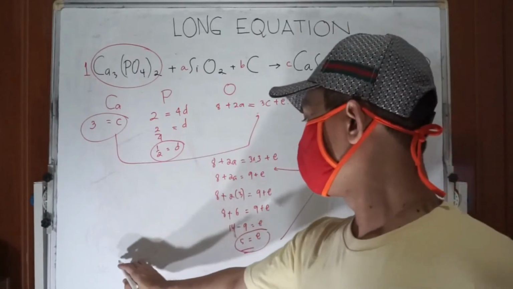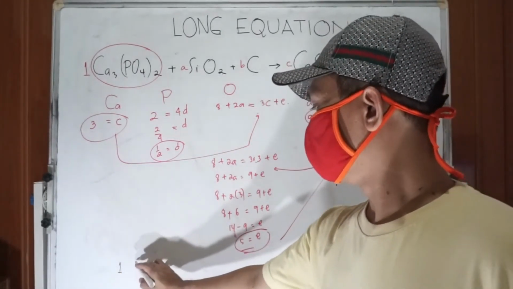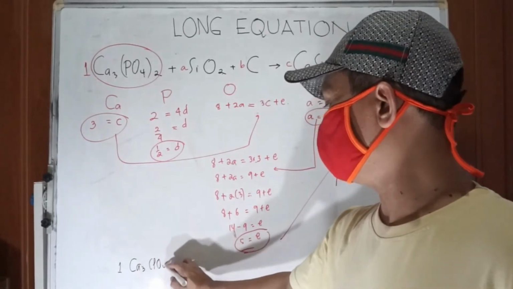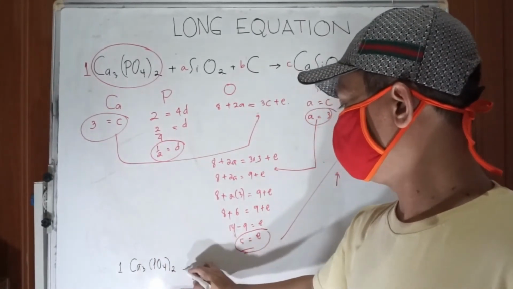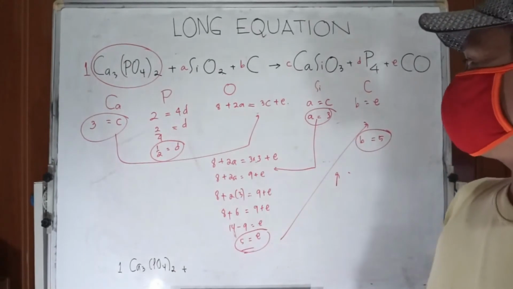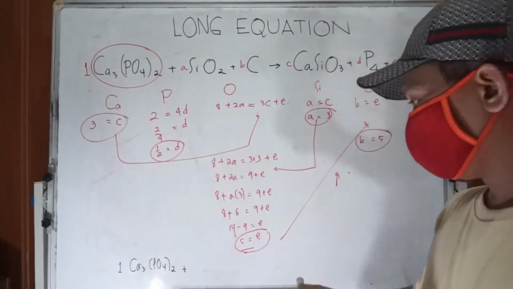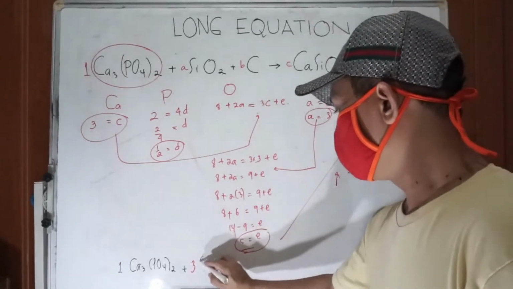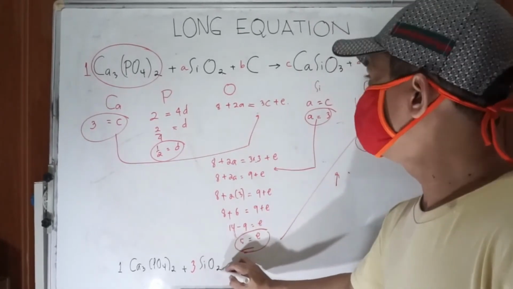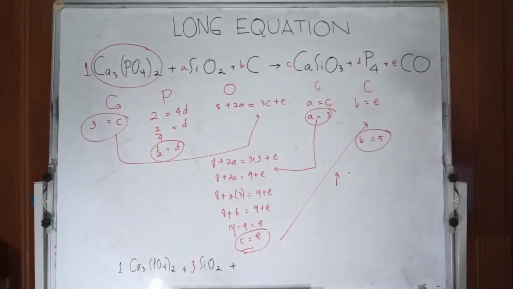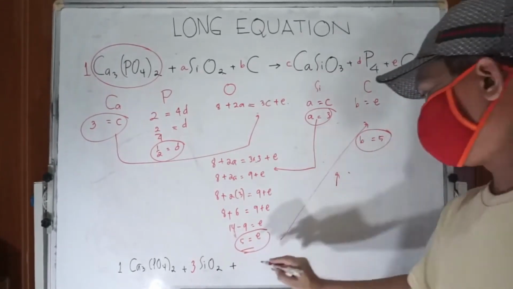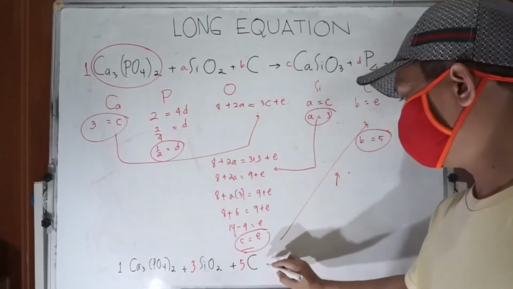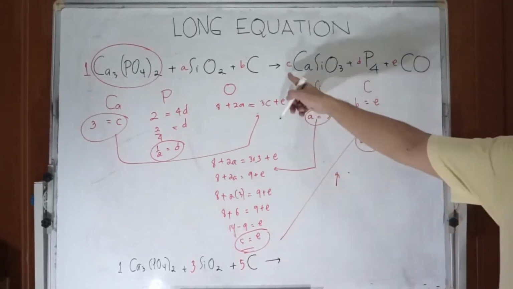is 1 Ca3(PO4)2 plus, inserting A, how many? 3. 3 SiO2 plus, how many B? B is 5. 5 carbon, yield. How many C?